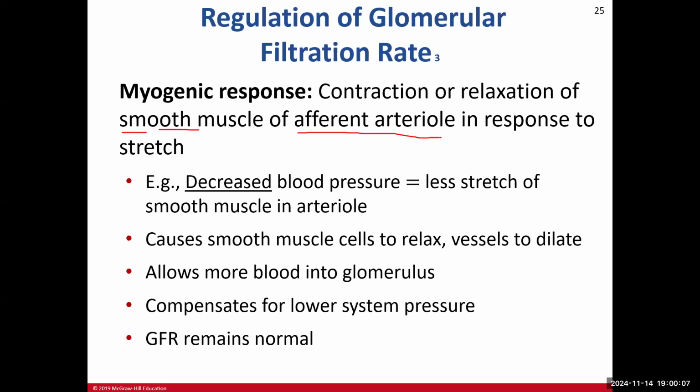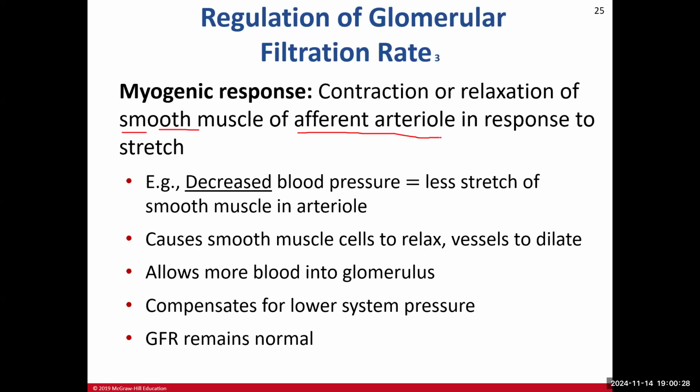Remember, we want to maintain a constant glomerular filtration rate. We want to still be able to produce 180 liters, right, of filtrate a day. So that means we've got to get more blood to flow through there. So the smooth muscle cells will relax.